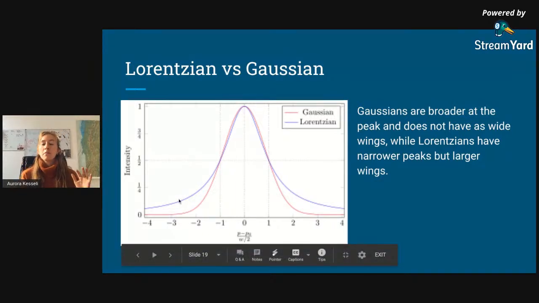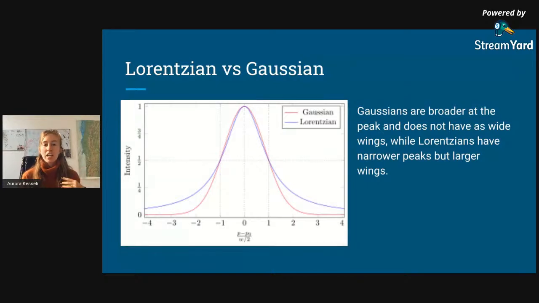And so in order to differentiate between all of the different mechanisms of broadening, we can use the shape of the broadening to say, oh, well, this line looks like it has a Lorentzian shape, so this means that this line is probably pressure broadened. Or this line has a more Gaussian shape, and so that means that the dominant broadening in this line is some sort of Gaussian process that leads to a Gaussian line.